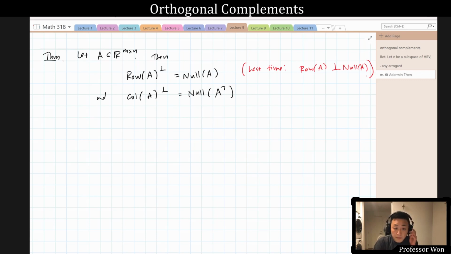So this says that the null space consists of every vector that's orthogonal to the row space. Okay, so let's just prove the first one. The second one technically follows if you just take the transpose. Okay, so we showed already that they're orthogonal.